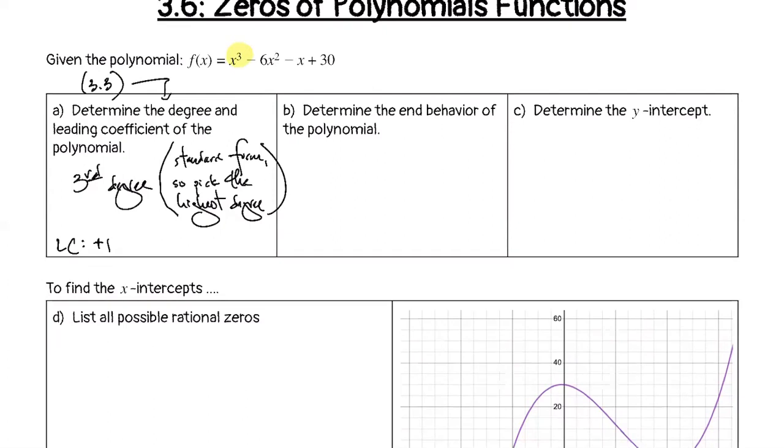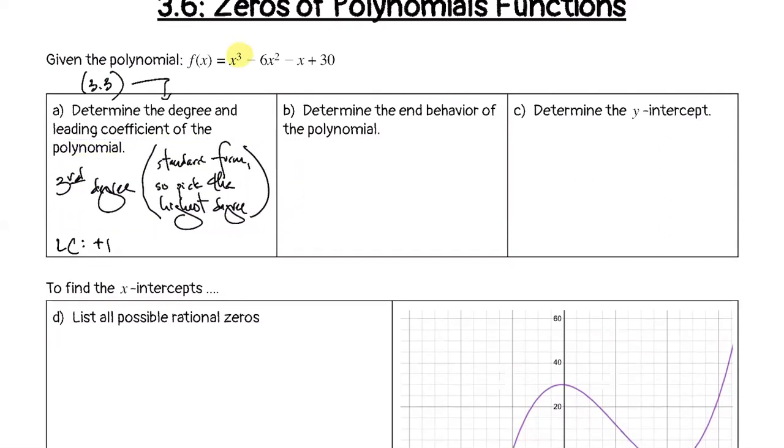All right, let's talk about the end behavior of this polynomial. Are the ends going to match, like they're both going to go up or they're both going to go down? Or are they going to be different? Different. Yeah, they're going to be opposing. So now the question is, is it going to be down, up, or is it going to be up, down?